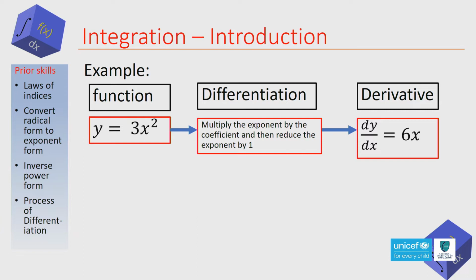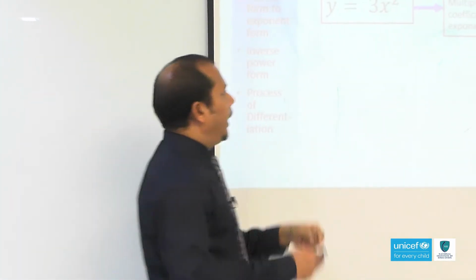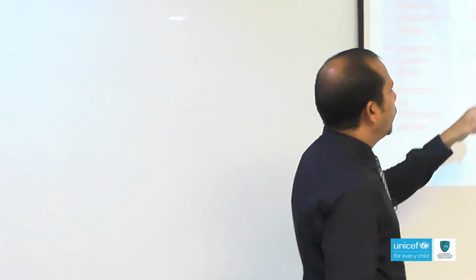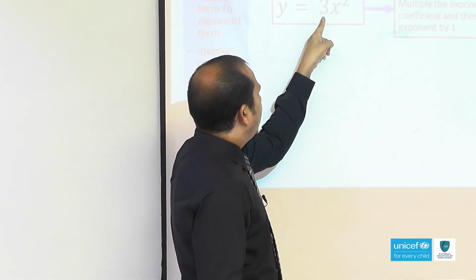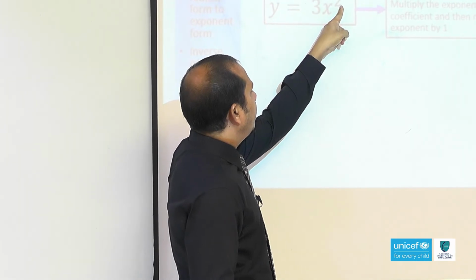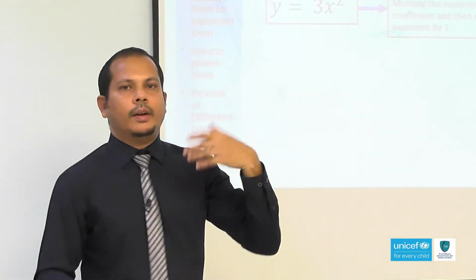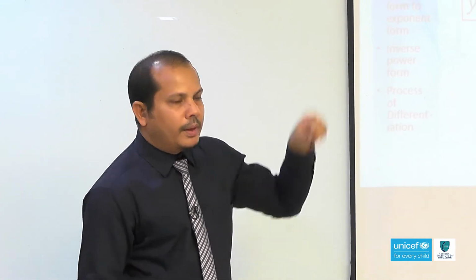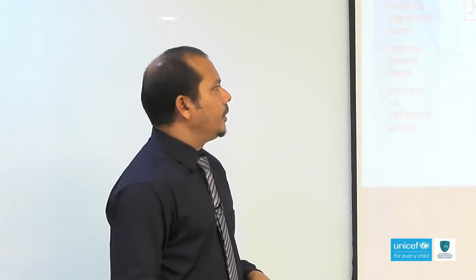Differentiation means multiply the exponent by the coefficient, and then reduce the exponent by 1. 3 times 2 is 6, and then 2 becomes 1, because subtracting 1 from 2 gives 1. So we get 6x to the power 1, which we never write in algebra. So we get dy by dx equal to 6x.